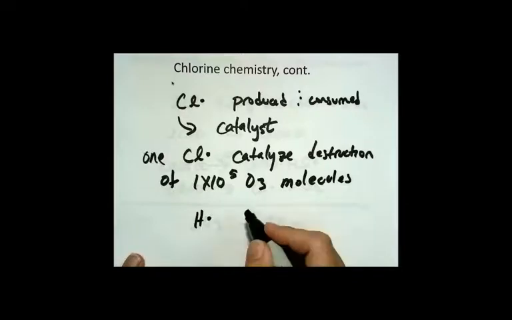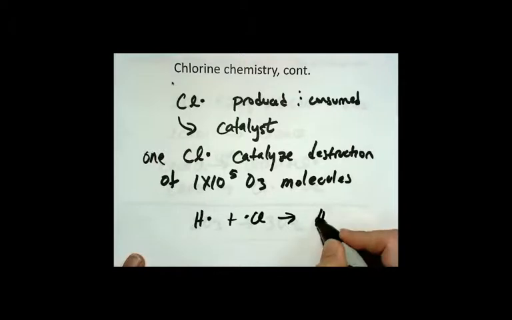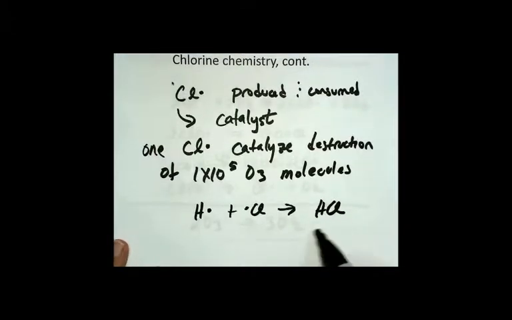So a hydrogen free radical, if it collides with the chlorine free radical, can remove it from the cycle to give hydrogen chloride, which is stable and is not going to be broken down. And that itself is water soluble and can eventually, if it makes it down to the lower stratosphere, upper troposphere, be rained back down to Earth. So there are ways of removing the chlorine, but not before it does a lot of damage.